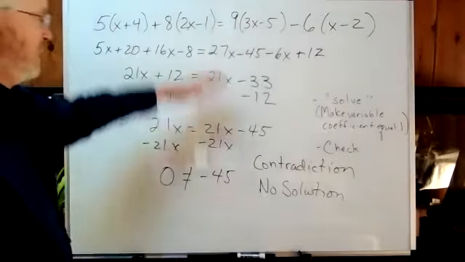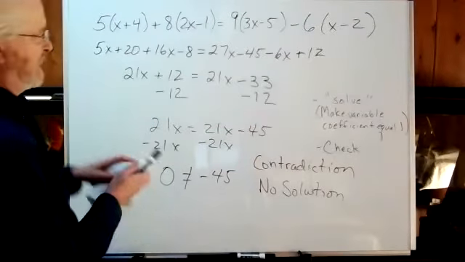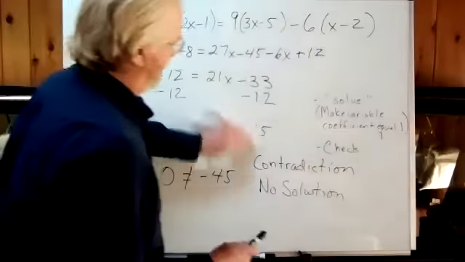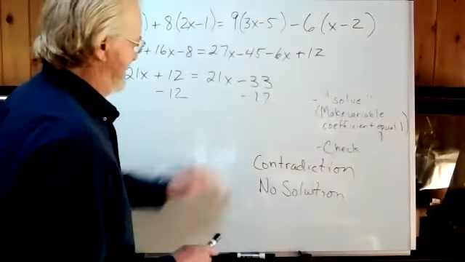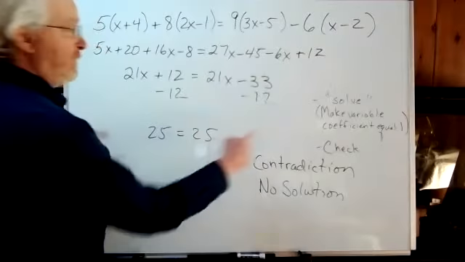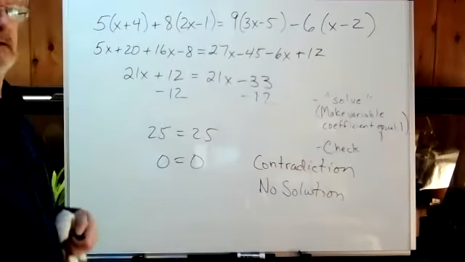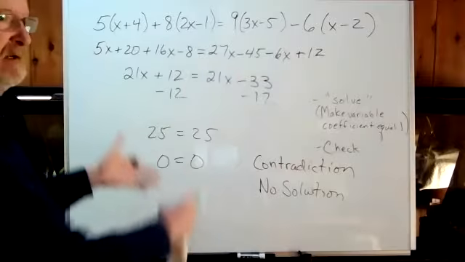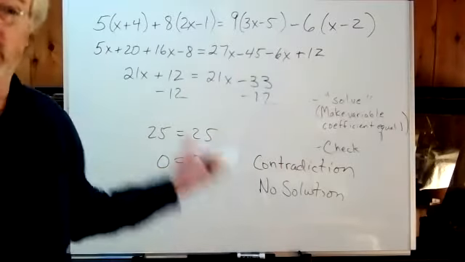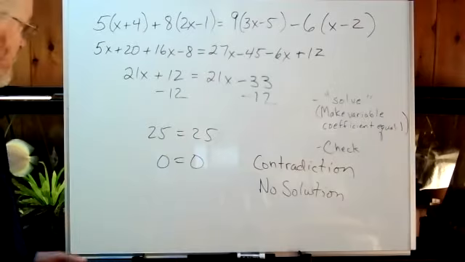If I'd gone through all of that work and gotten all the way down to something that says, you know, 25 equals 25 and no variables, I could subtract the 25s and even say 0 equals 0. If you got that weird kind of answer, and it's true, but no variables, right?